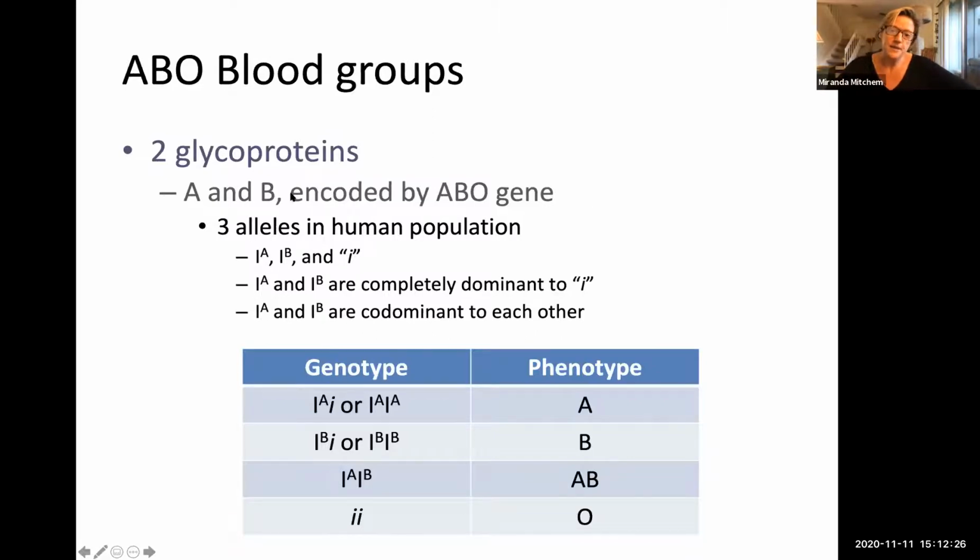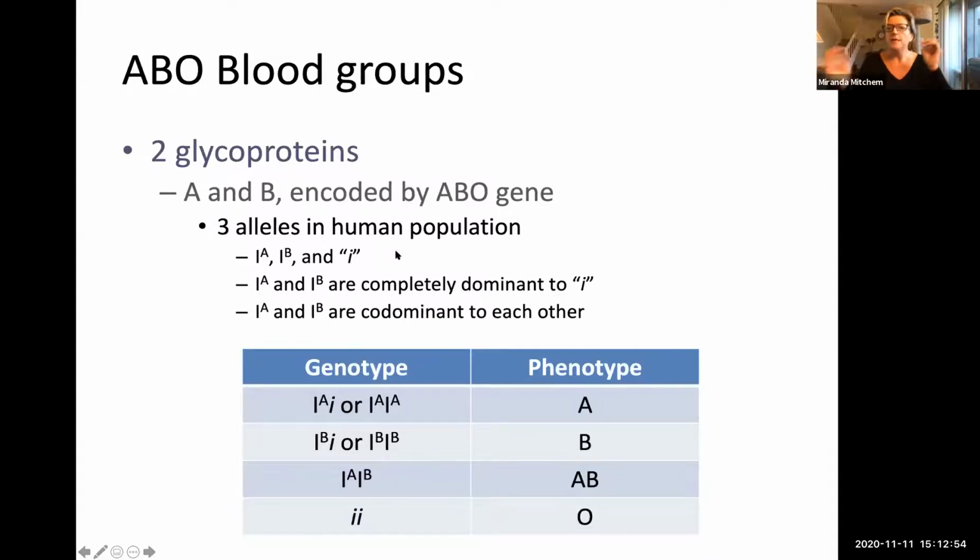A and B are encoded by the genes for either A or B. We have three different alleles in the human population that are part of the ABO system: I to the A, I to the B, and then little i, which we'll get to what this means.